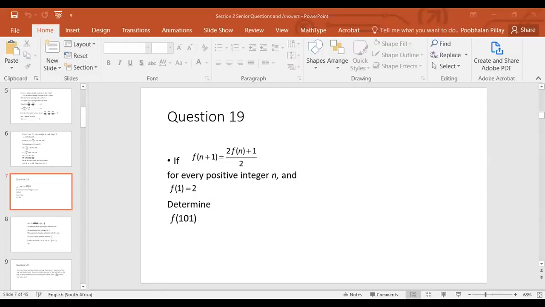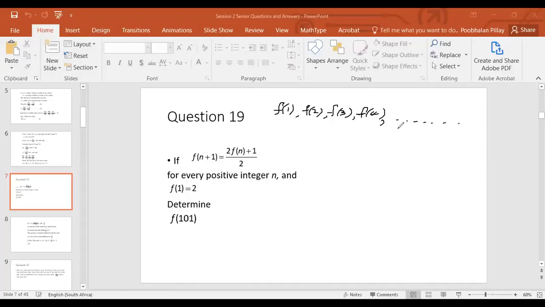The formula says f of n plus 1 is equal to twice f of n plus 1 divided by 2, for every positive integer n. So the n's are positive integers and f is a function. The n is a positive integer, so you got f of 1, f of 2, f of 3, f of 4, and so on.